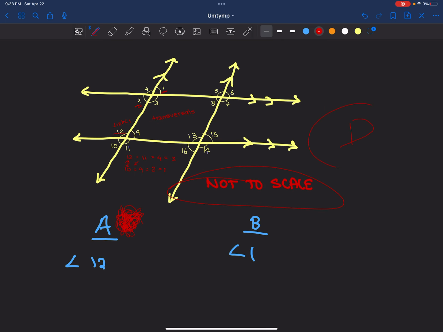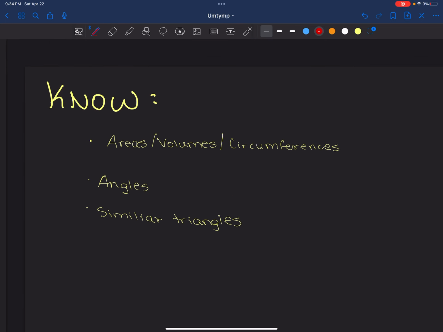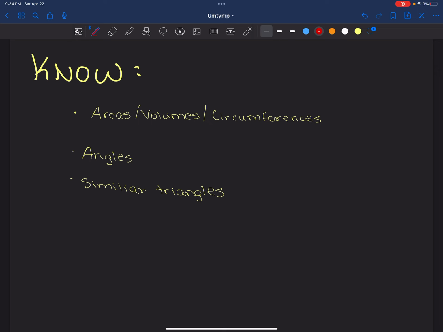The answer here is D, simply because you can't assume that one angle is bigger than the other. Angle 12 could be greater than angle 1, angle 1 could be bigger than angle 12, or they could be equal. You never know.